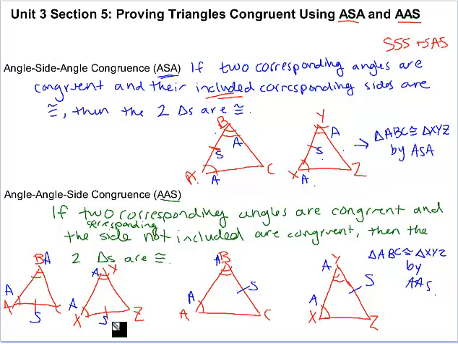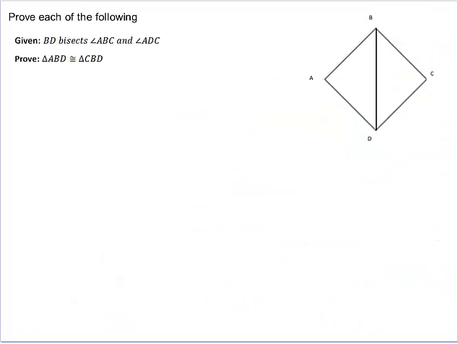So we're going to do some proofs on these. The first proof up here, we have that BD bisects angle ABC and angle ADC. We want to prove that triangle ABD is congruent to triangle CBD. This time we'll start off by doing a flow proof.